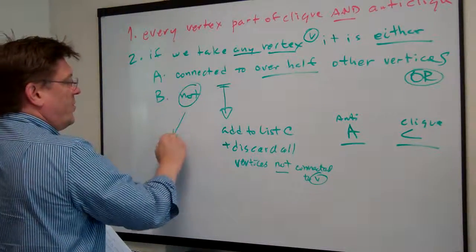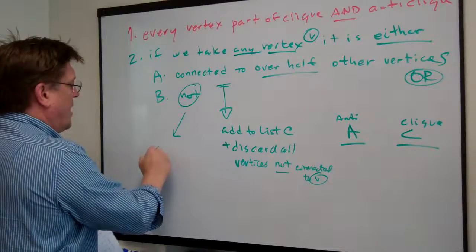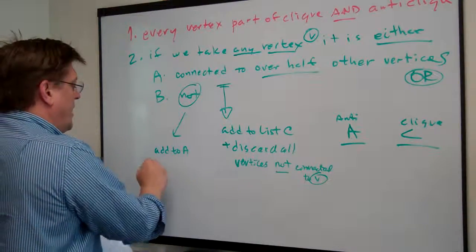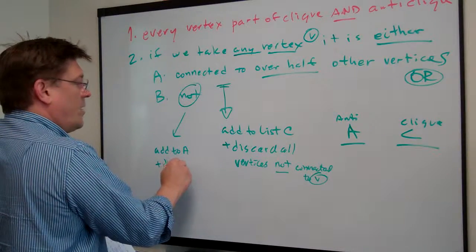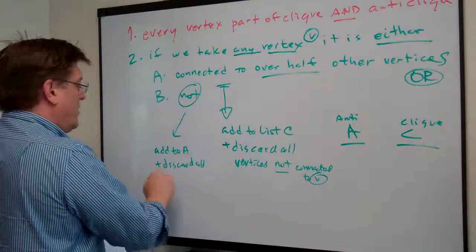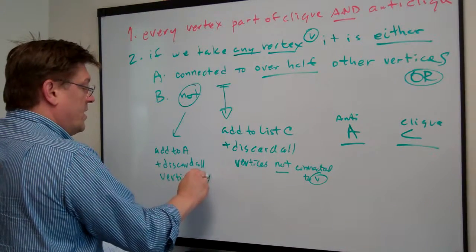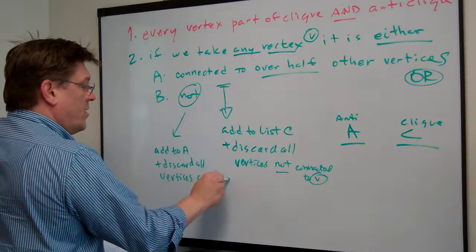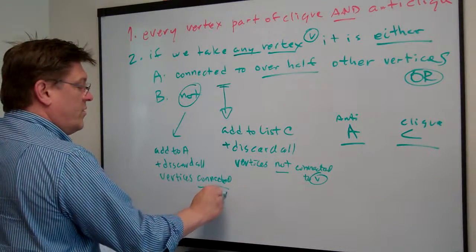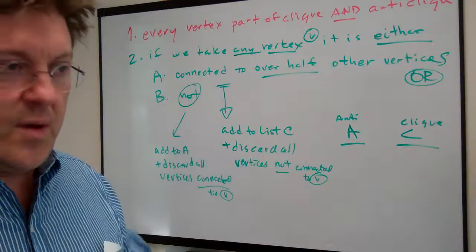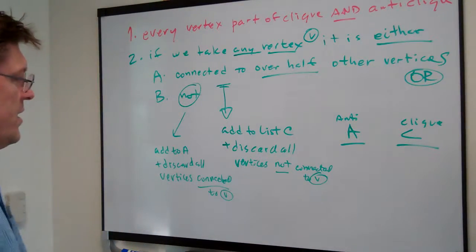If it's not connected to over half, we do the opposite. We add V to list A, the anti-clique list, and we discard all of the vertices connected to V. We discard the ones that are connected because we don't want the ones that are in a clique, we want the ones that are an anti-clique.